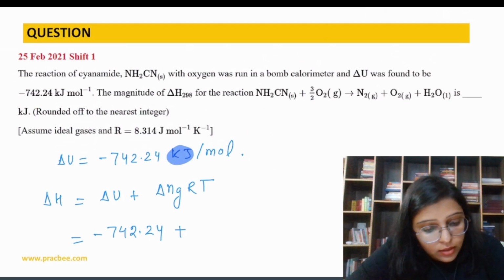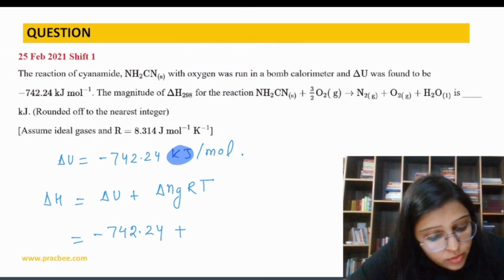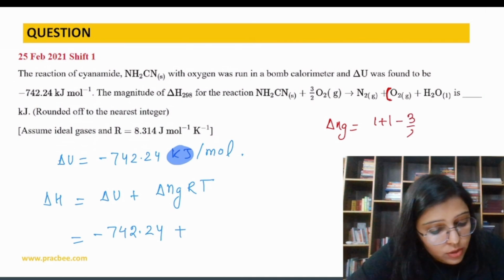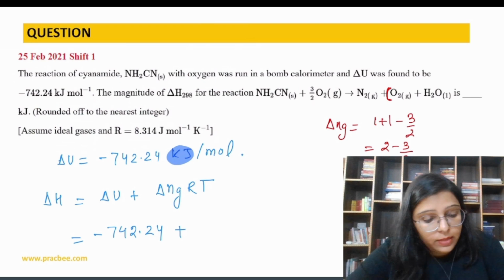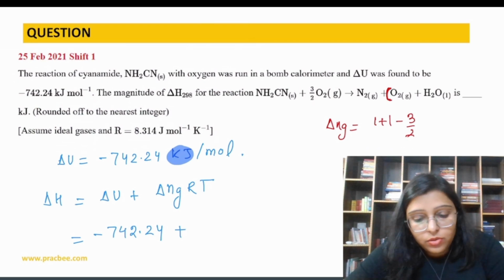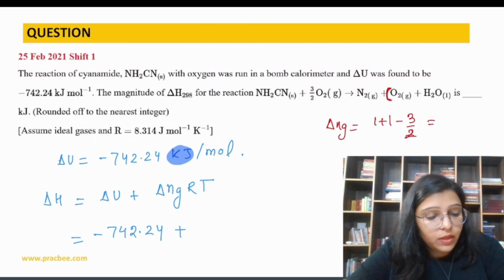Just try to write the correct equation. It is CO2. So delta nG is going to be 1 plus 1 minus 3 by 2. So 2 minus 3 by 2, which is equal to 4 minus 3 by 2. Let me rewrite this. So we get 4 minus 3 by 2, which is equal to 1 by 2.